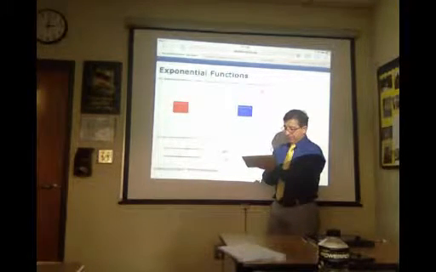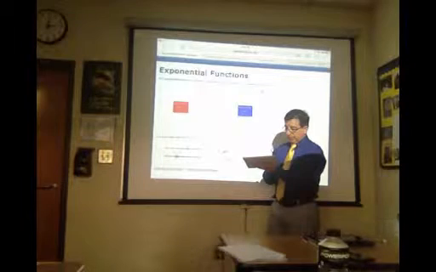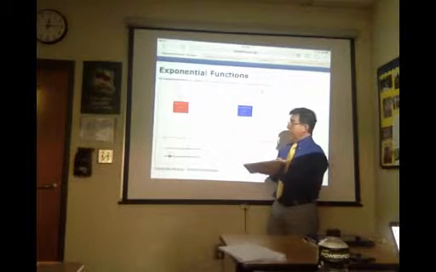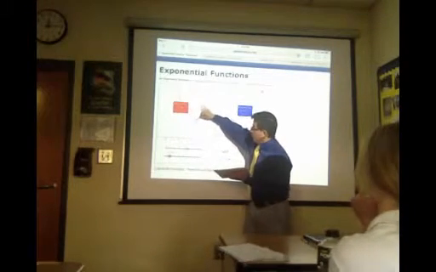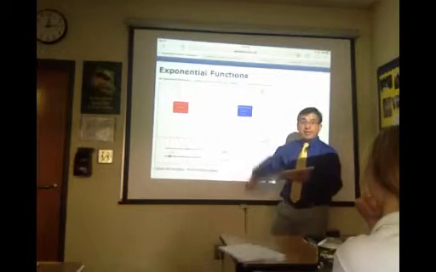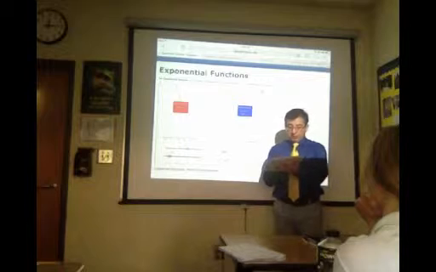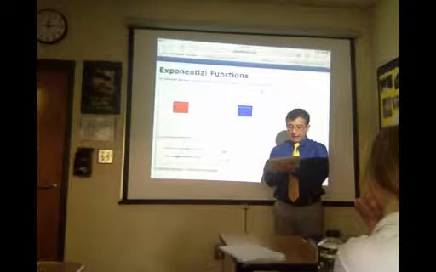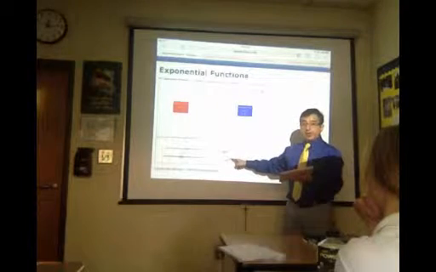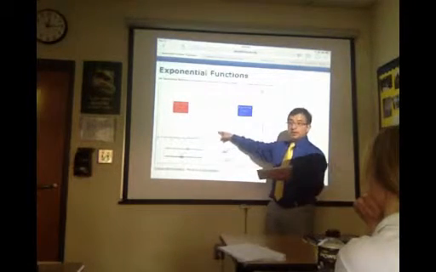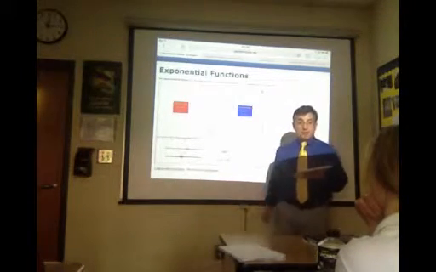The value of b is 0.7, and the value of b, which is the base, indicates an exponential decay. If the value of b is greater, like in this case 2.3, y is equal to 2.3 to the x, it gives you an exponential growth.